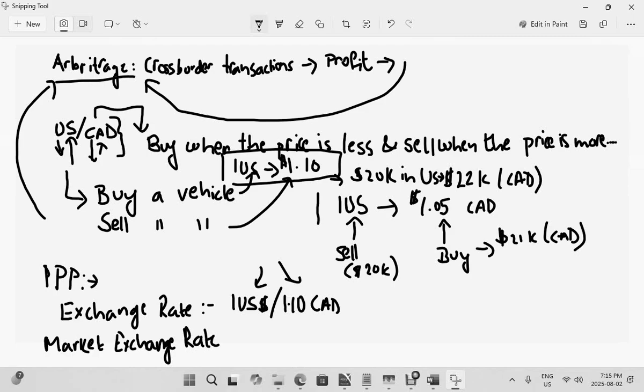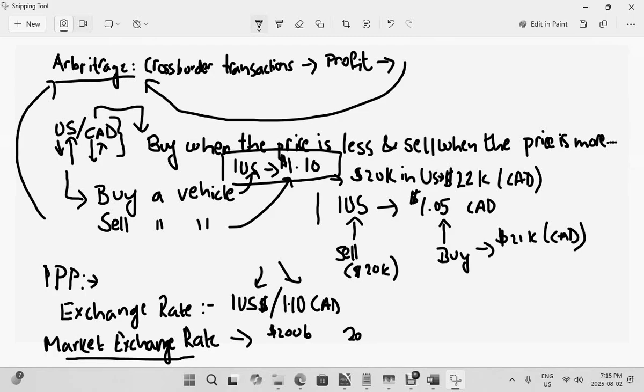On the other side, you have your market exchange rate, where you're comparing the GDP with the exchange rate. You're using the GDP as a reference point to figure out the difference in exchange rates. So let's say the GDP of the country is $200 billion, and the exchange rate stays the same.